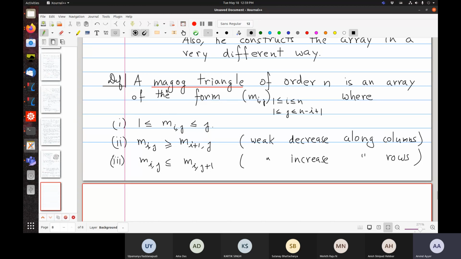So he calls these Magog triangles, and he calls what we defined earlier as monotone triangles Gog triangles. It's a kind of strange name for these objects because it comes out of nowhere, but somehow the name seems to have stuck. Maybe partly because he proved the connection.